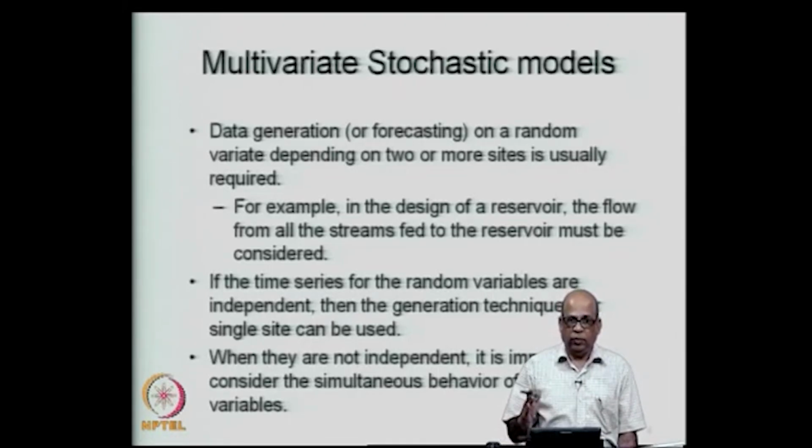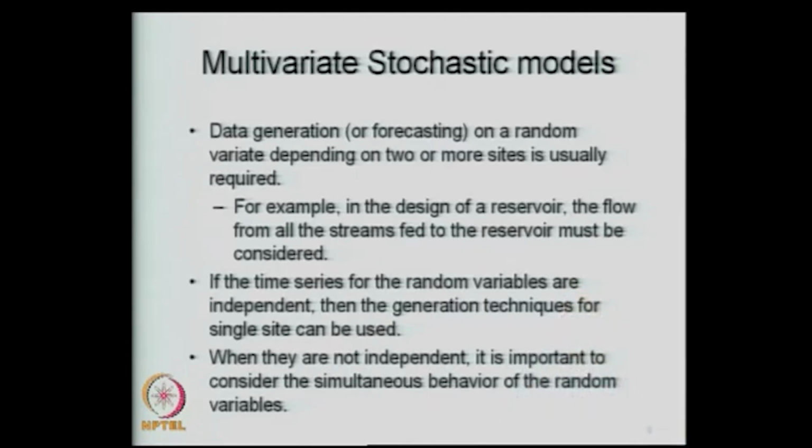Now, as I said, if you can assume that these several random variables we are talking about are all independent, then you use the single site models. However, in many situations you cannot afford to ignore the cross correlations among these different random variables.